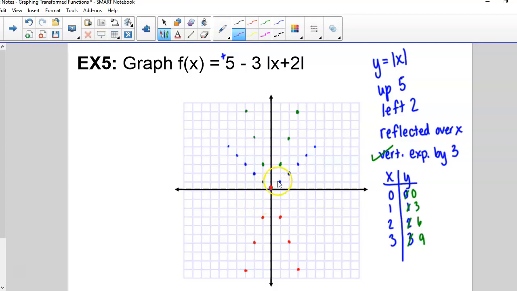So we'll take all these points, we've got to go up 5, left 2. So 1, 2. And then we can draw in our graph there.